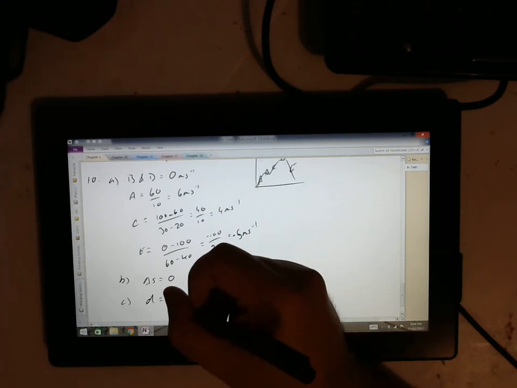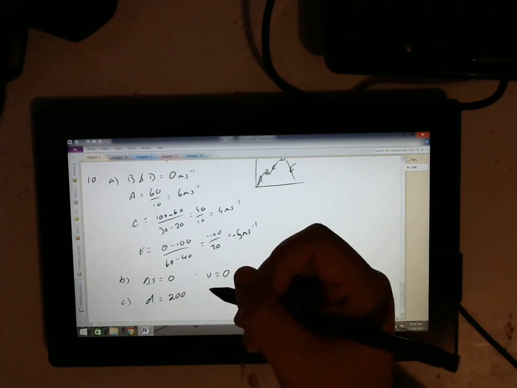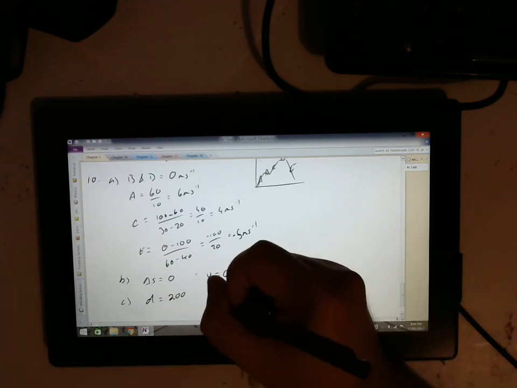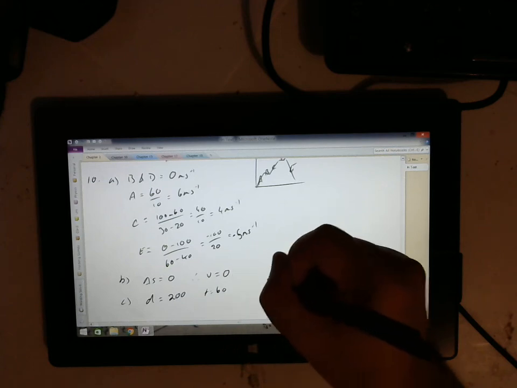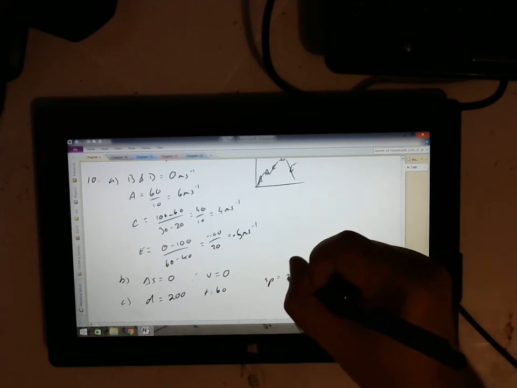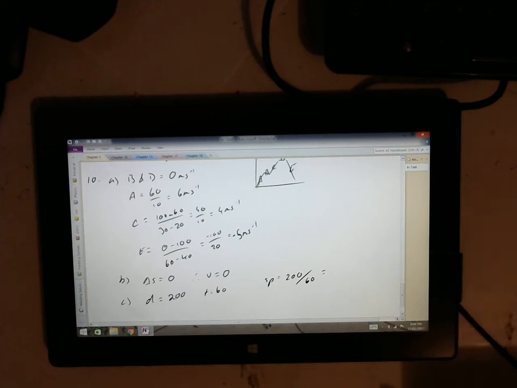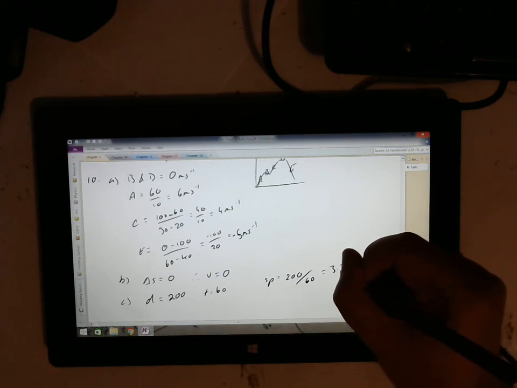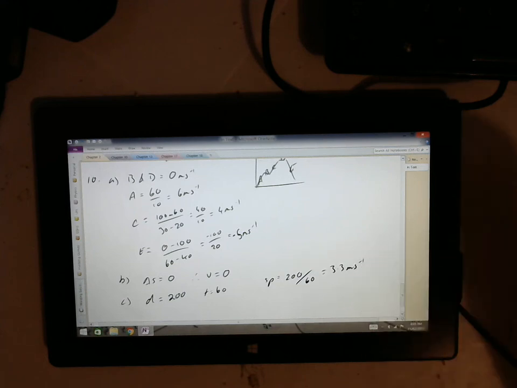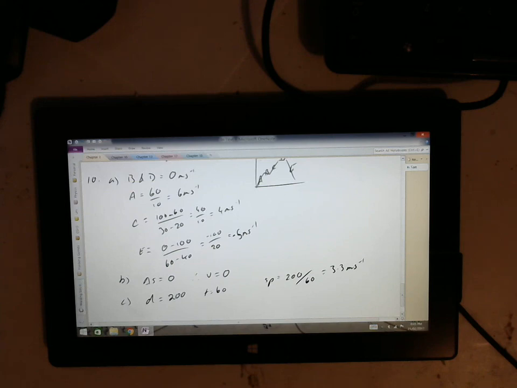So distance equals 200. And then as time took 60, speed equals 200 over 60 equals 20 over 6, which is a bit over 3. 20 divided by 6, yeah, 3.3 meters per second. Note, no positive or negative involved.